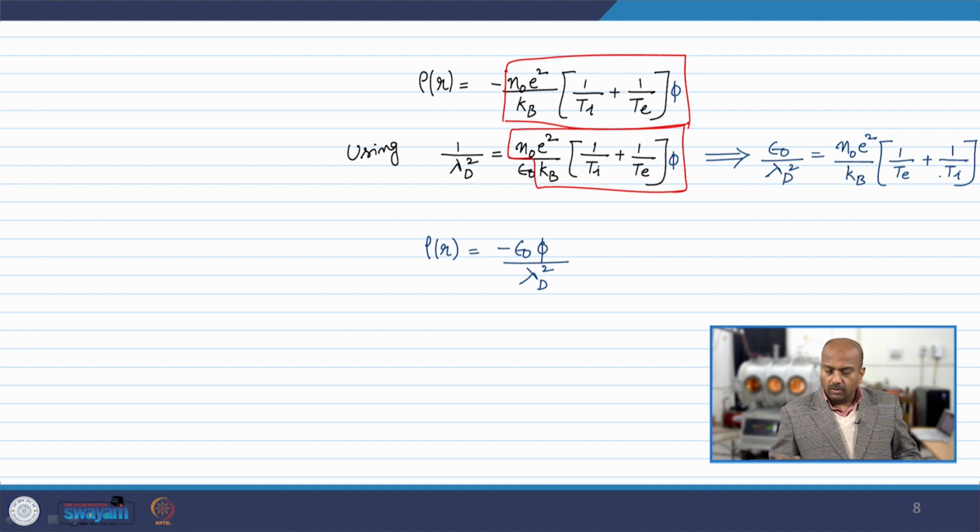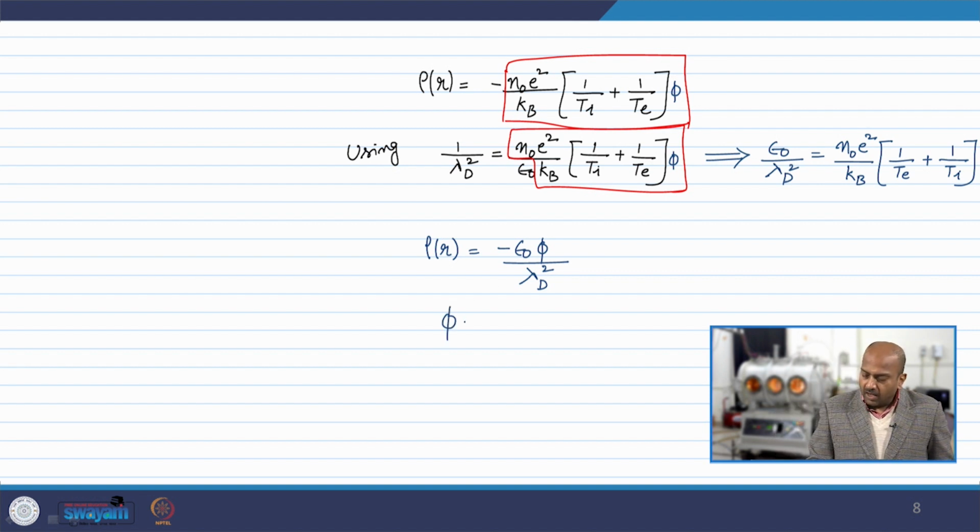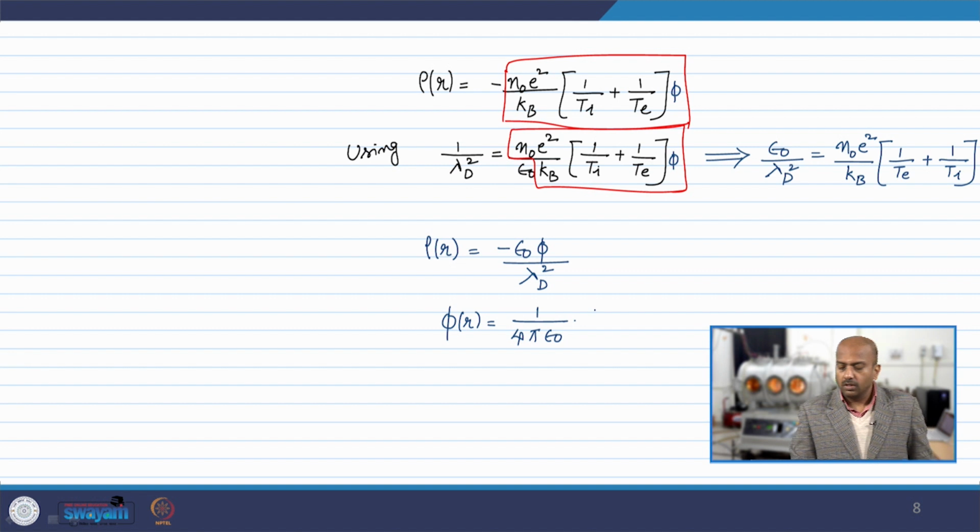Right. So, everything now you are able to follow. Rho of r is minus epsilon naught phi by lambda_D square. We know the charge density is a function of the Debye potential, the Debye length and a constant. The Debye potential phi is 1 by 4 pi epsilon naught times q by r e to the power of minus r by lambda_D.